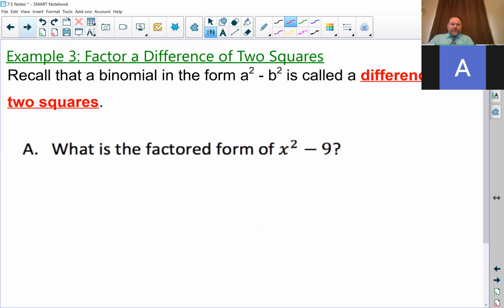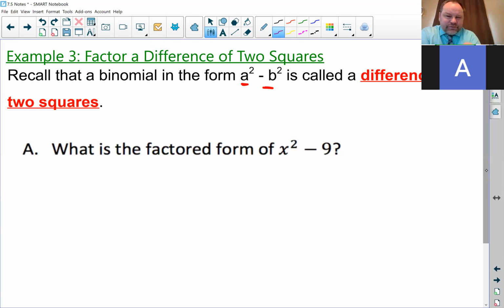All right. If you remember from multiplying binomials, we had this thing called a difference of two squares, where we had something squared minus something else squared. We can also have that working backward.